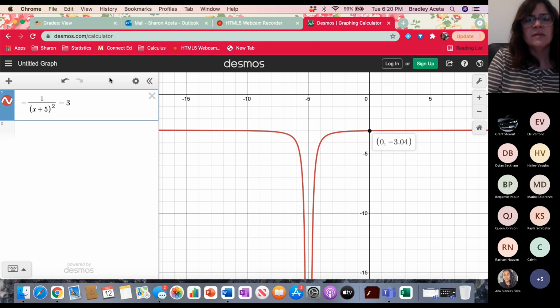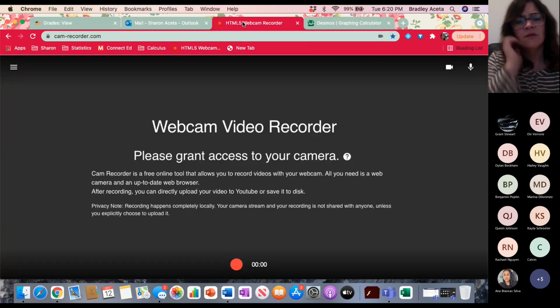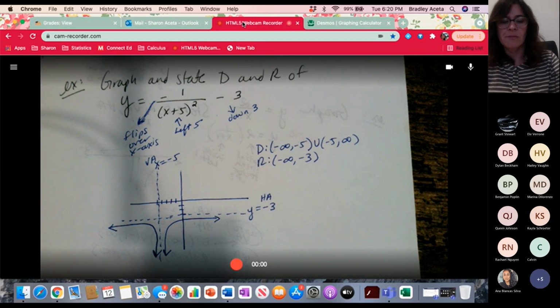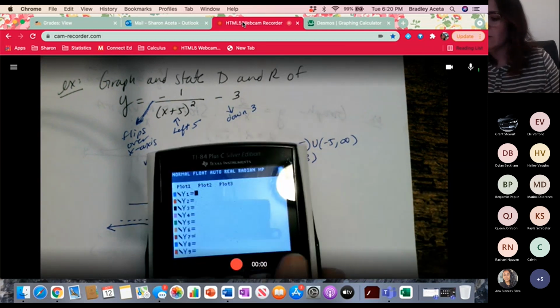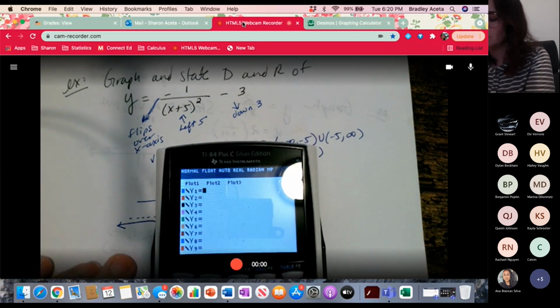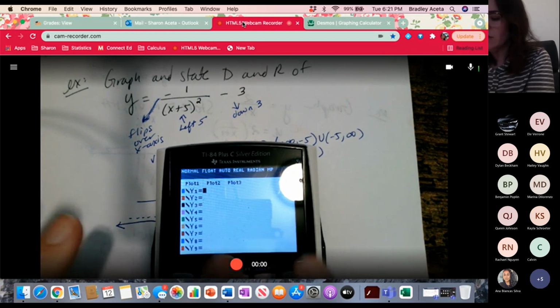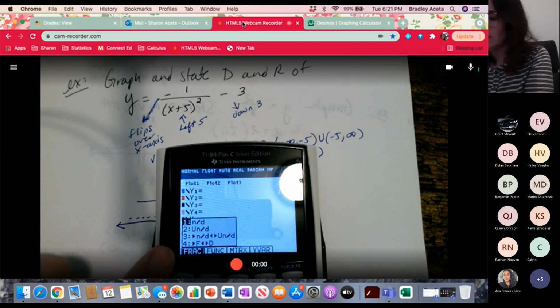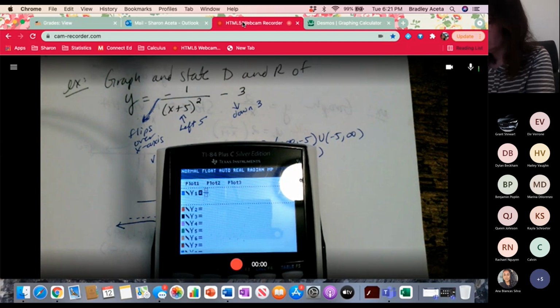Okay. When you type this into your calculator, and I'm going to show you that too, because I know some of you like Desmos, some of you like the calculator. When you type it into the calculator, I'd be really careful, especially something like this one. I might use the fraction button if you have the newer calculators, meaning like you go alpha y equals, and it gives you that n over d. And then you type -1 over parenthesis x plus 5 squared, and then move that arrow cursor over, and then put -3.